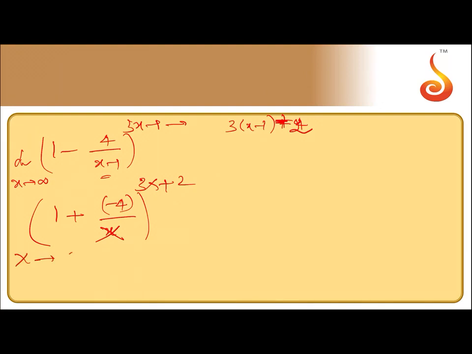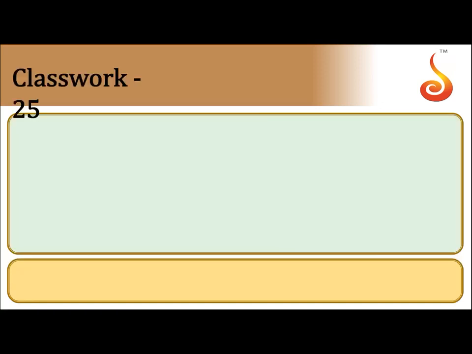Now x is approaching infinity. This is nothing but e to the power of 3 multiplied by minus 4, 3 into minus 4. The answer is e power minus 12. So the answer is B.